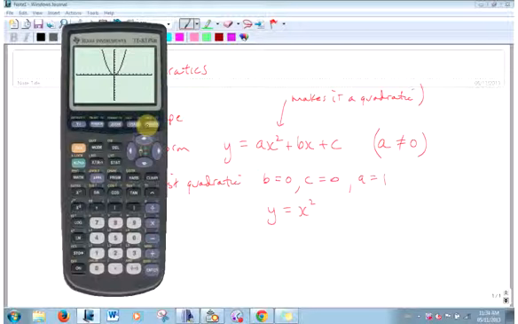Now we're going to get all sorts of details about this, like domain, range, the vertex. Does it open up or open down? The y-intercept, the x-intercepts. We've been playing around with these things for over a month, 5 weeks. It's a big chapter.